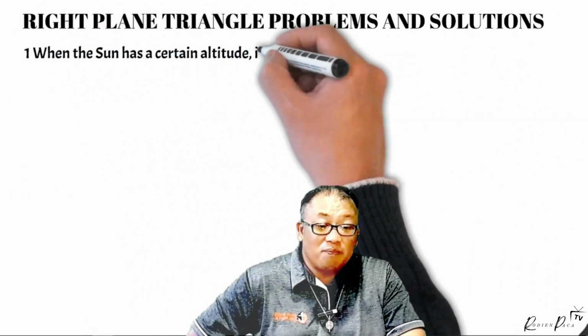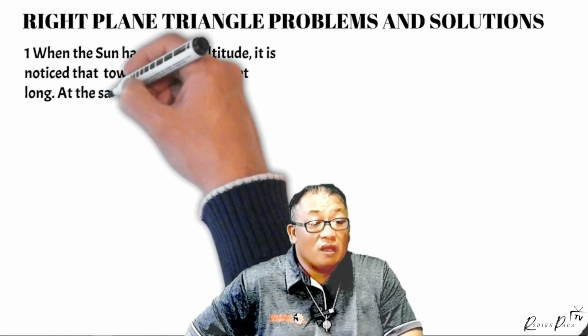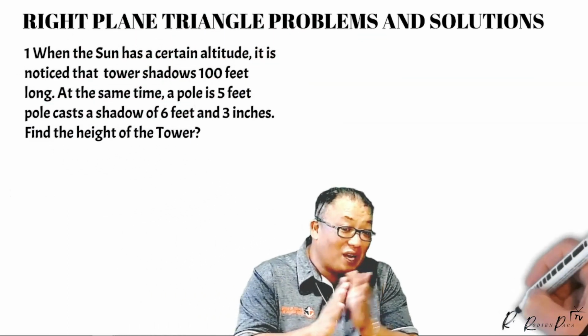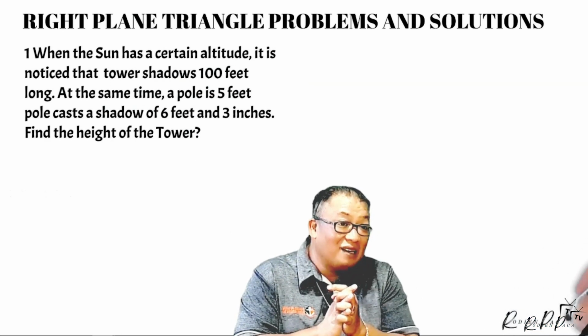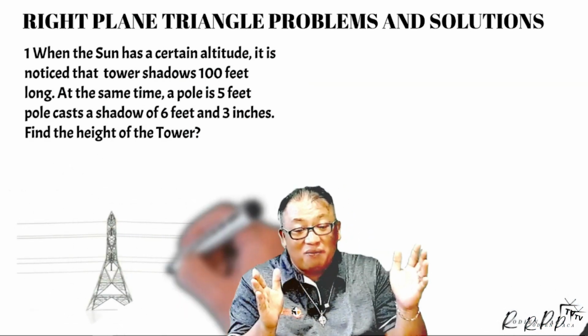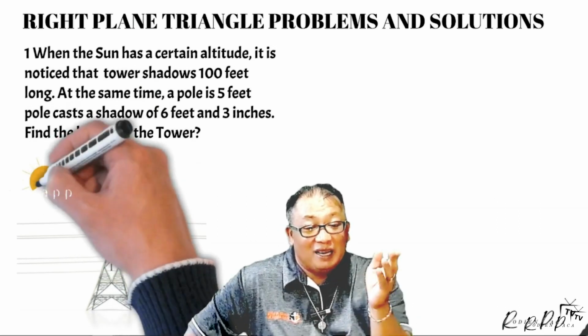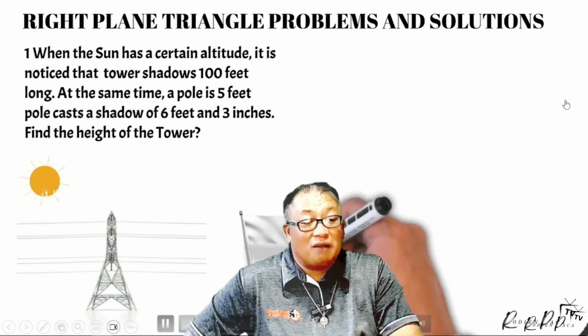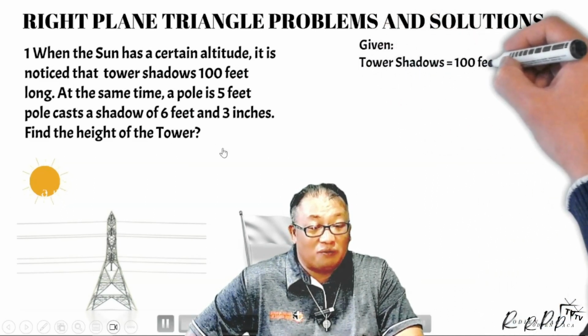So, the basic principle of calculations on a right plane triangle is to first identify the basic given. The basic given is 100 feet long. This is the tower shadow. If I'm going to show you the Excel solution for this one, the Excel solution is this.